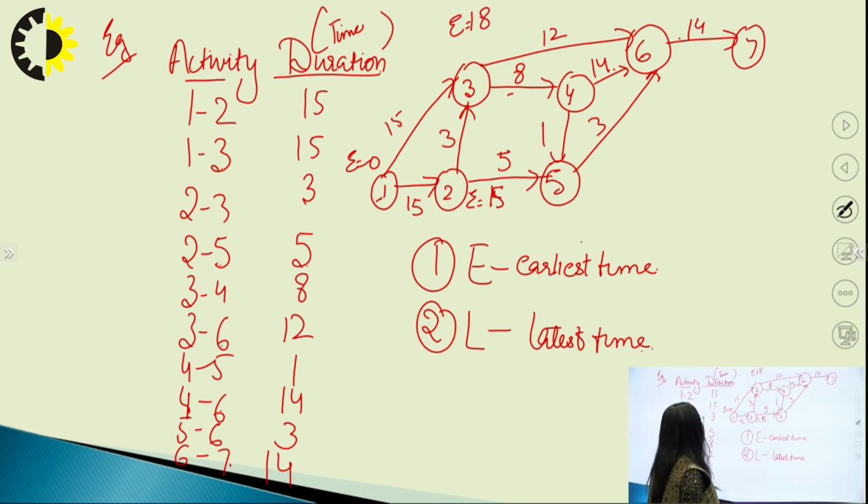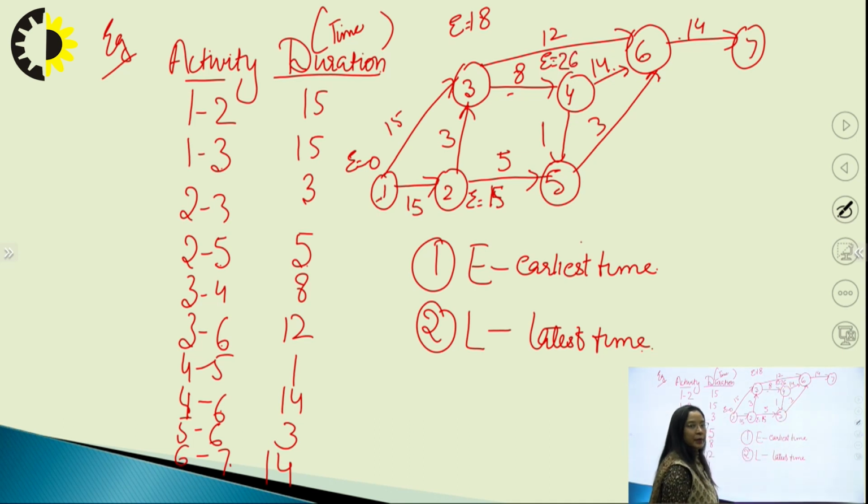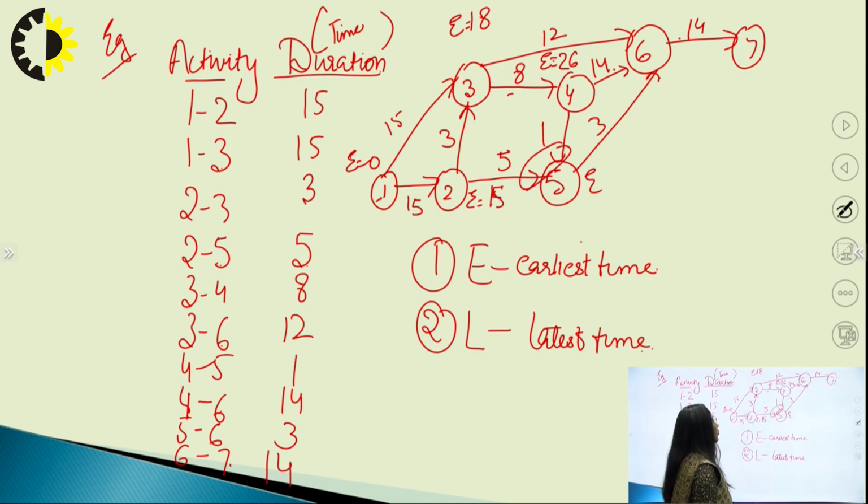Okay. Now we will go to 4. E is equal to 18 plus 8, 26. Now we will go to 5. Same here, 2 nodes are coming. We will take the maximum value, 26 plus 1, 27, and 15 plus 5, 20.